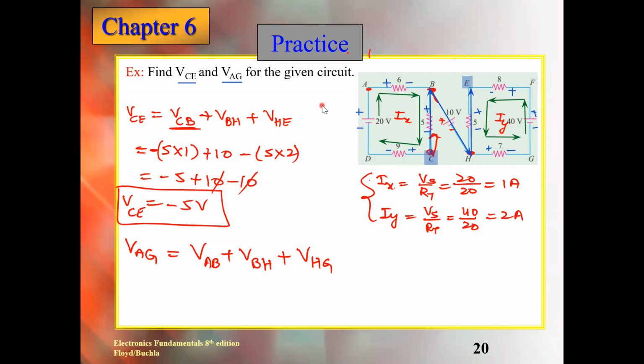Doctor, I've calculated all the voltages, but I don't know which one is minus and which one is positive. I explained this one, dear. You just need to follow the first sign during the path. I just calculated the same way here. So follow the same.